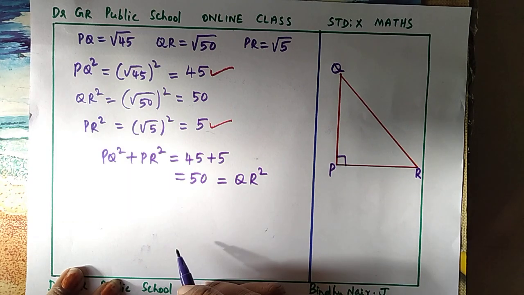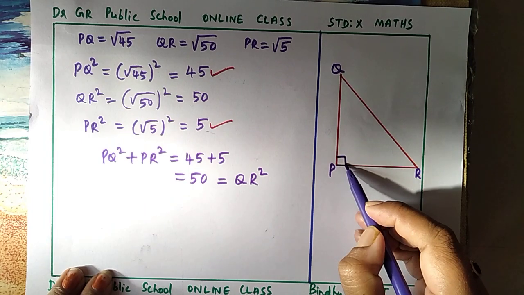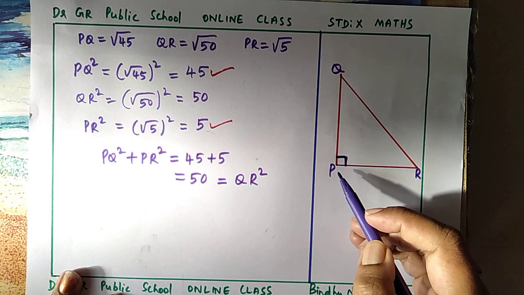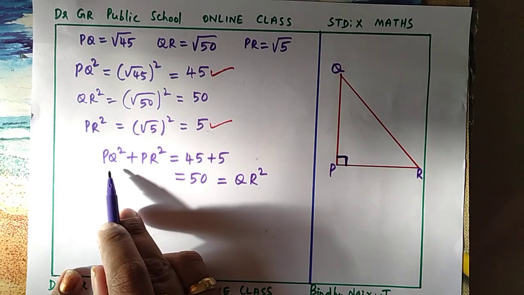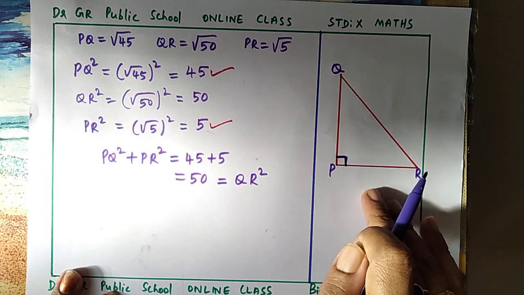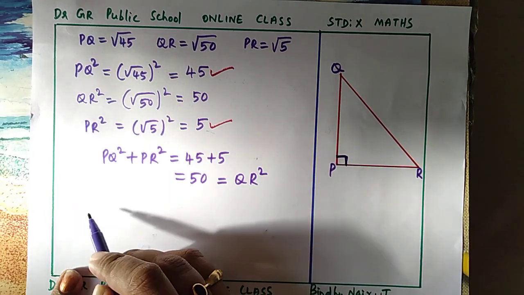So what can you understand? Using Pythagoras theorem, the angle at P is 90 degree. Correct? So using this verification, we consider this triangle is a right triangle. So how to write?